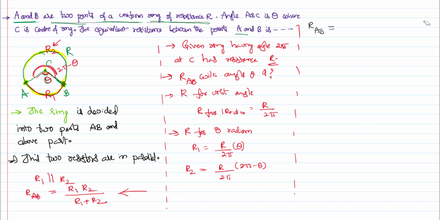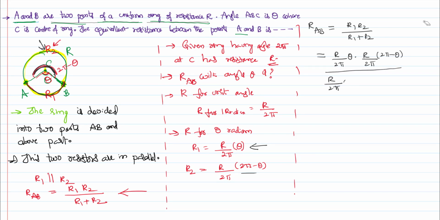RAB is, as I have written earlier itself, R1 R2 by R1 plus R2. R1 is this angle whose value is this much, that is R by 2 pi into theta. R2 is this resistance whose value is this much, R by 2 pi into 2 pi minus theta, by R1 plus R2, that is R by 2 pi of theta plus R by 2 pi of 2 pi minus theta.